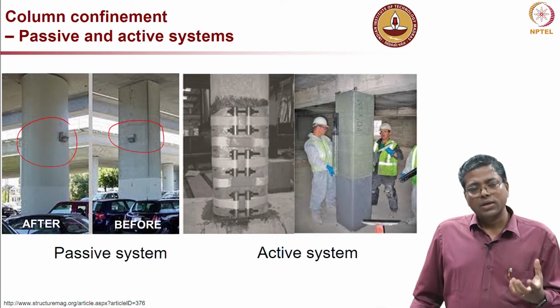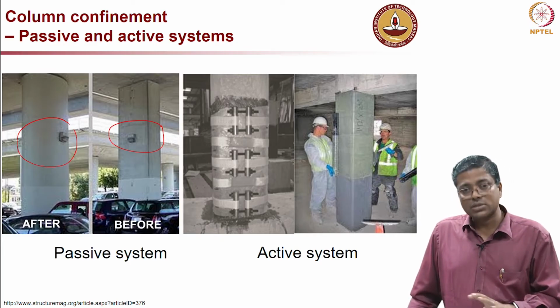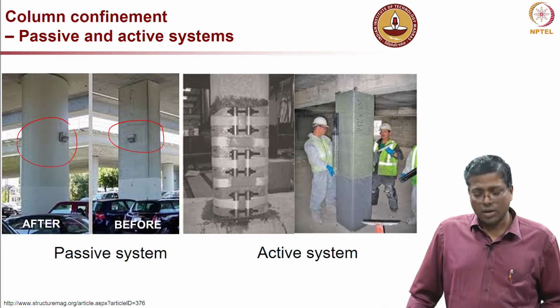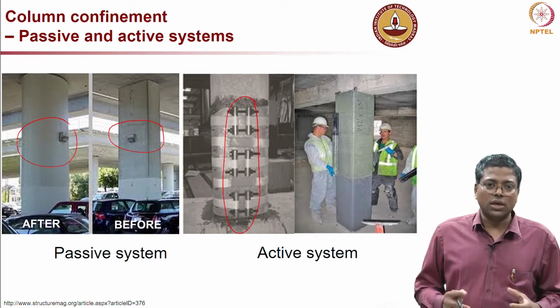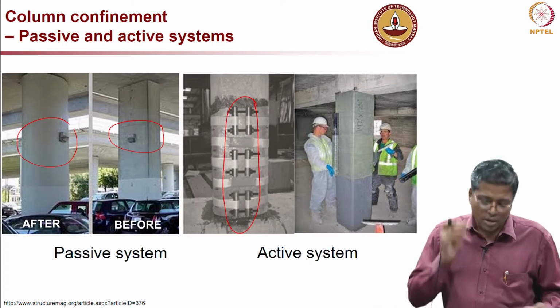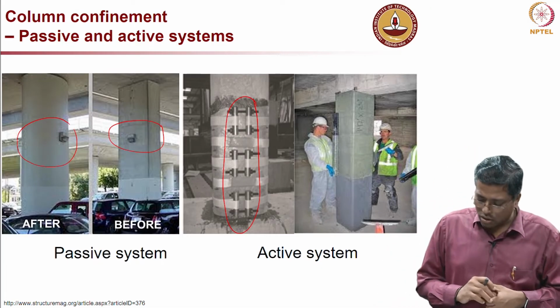It need not have an expansive nature. But on the right side you have a pre-stressed system where you can see straps which are pre-stressing, and the straps are always under tension, which gives very good confinement to the concrete inside.